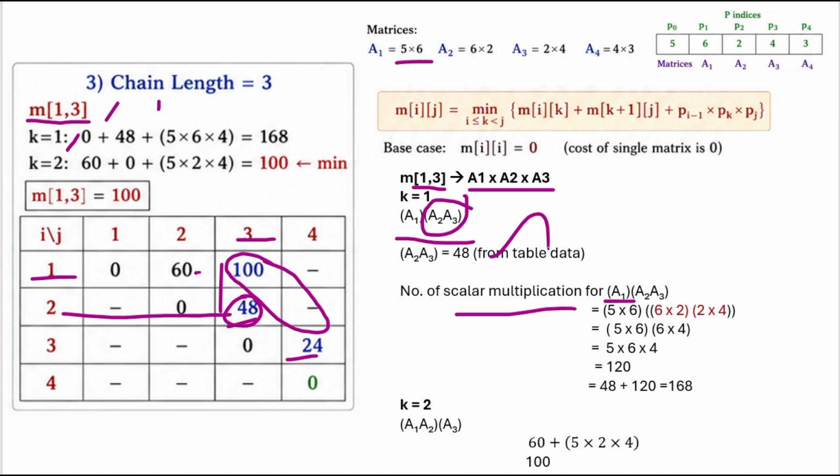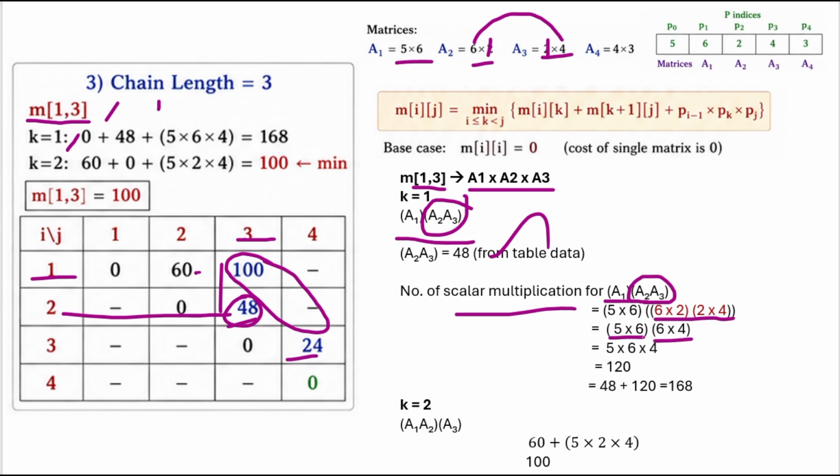What is the dimension of the A2, A3 resultant matrix? A2 is 6 into 2, A3 is 2 into 4. The resultant matrix simply cuts the common value, so it is 6 into 4, right?